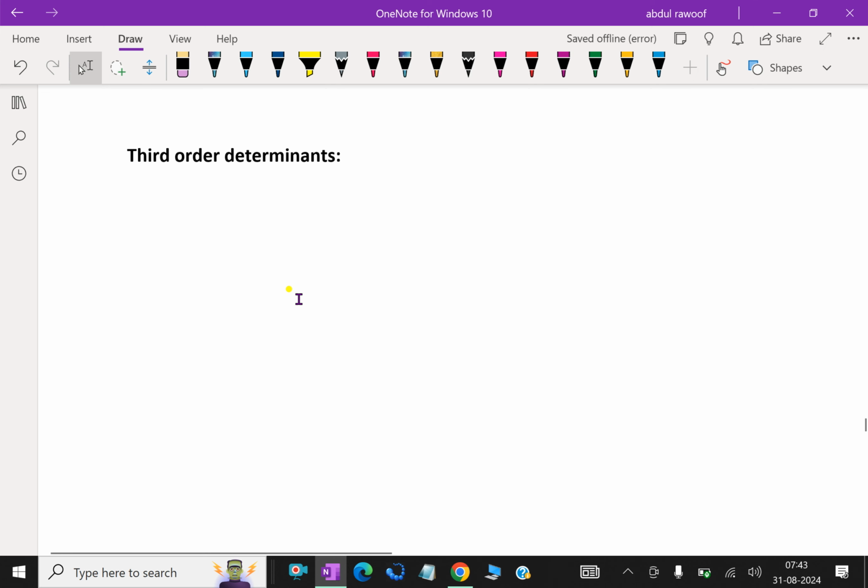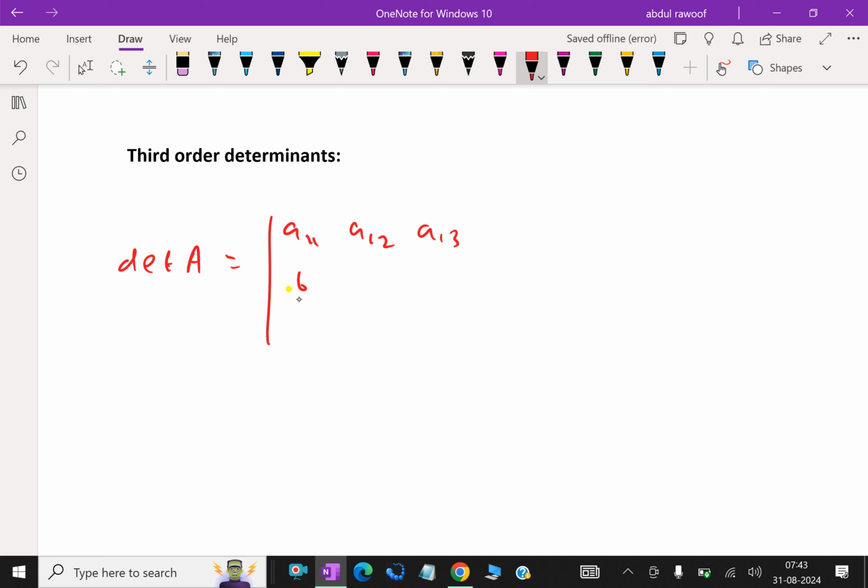Next one, third order determinant. Look at one example. Determinant of A, generally you can write A11, A12, A13, B21, B22, B23, C31, C32, C33.